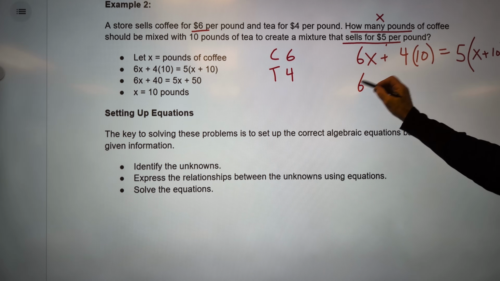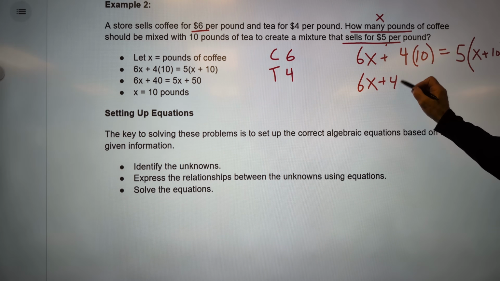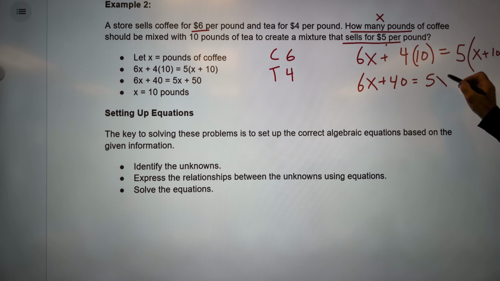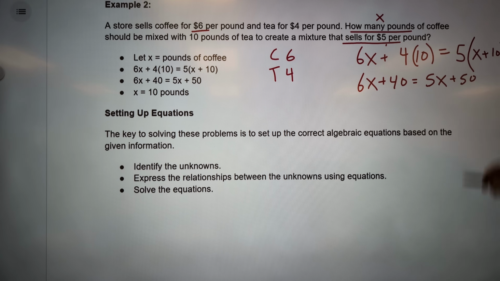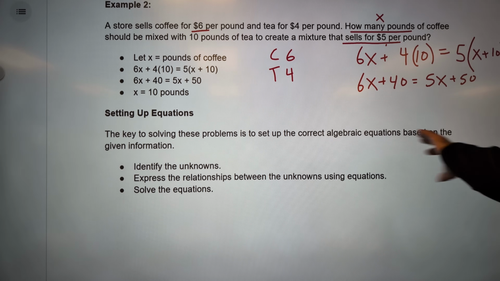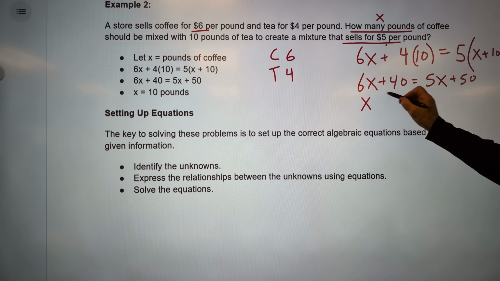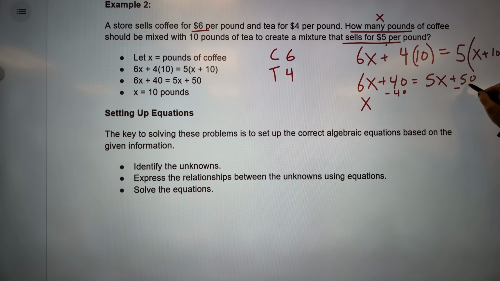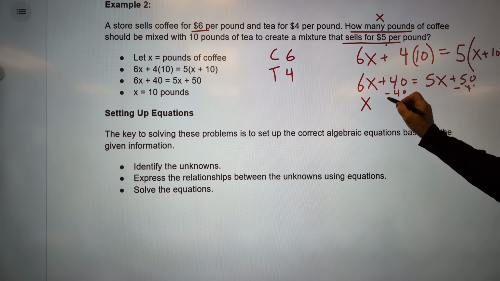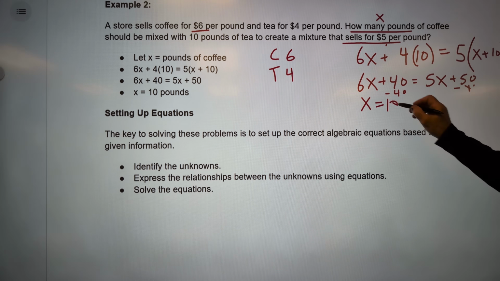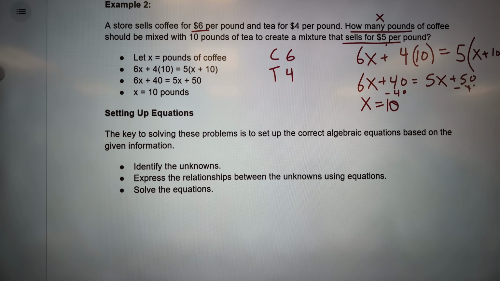Now I'm going to solve this equation: 6x plus 40 is equal to 5x plus 50. I'm going to get all my x's on the left. Subtract 5x from both sides to get x, and subtract 40 from both sides to get 10. So x is equal to 10.